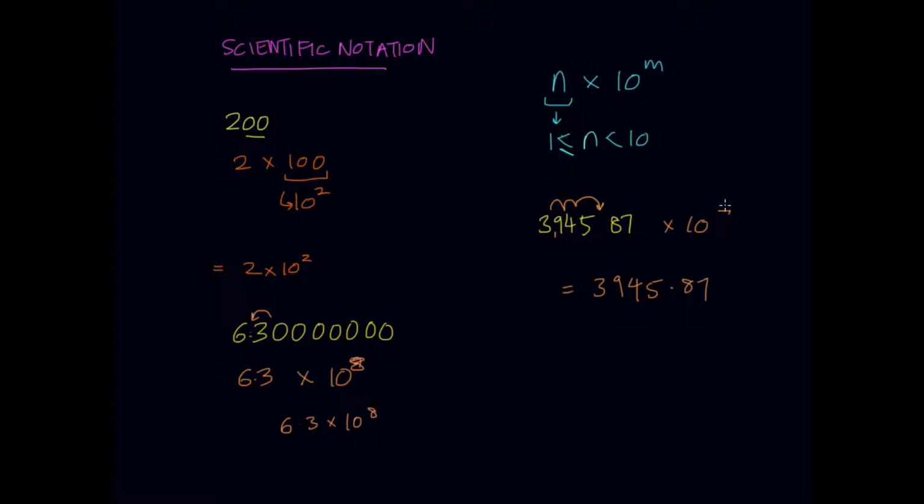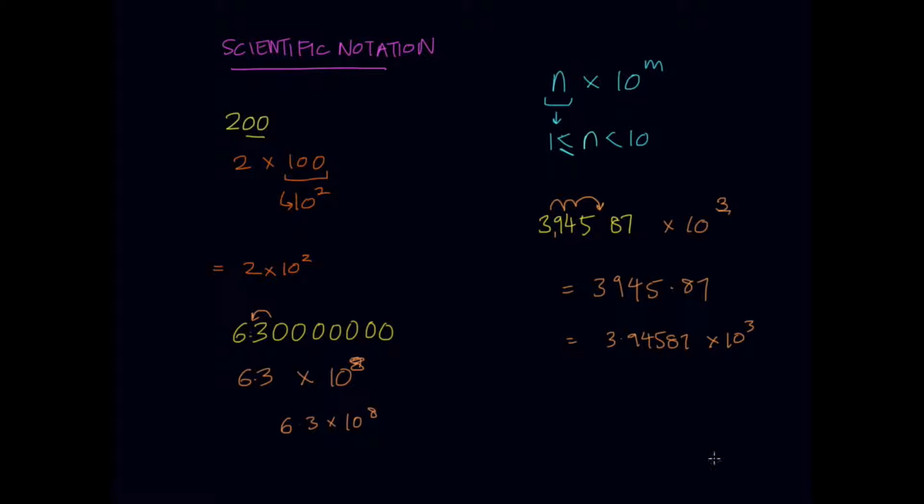So you're making it a positive 3. So this in standard form is going to be 3.94587 times 10 raised to the 3. And if this moves 3 decimals, it's going to give us back the original number.